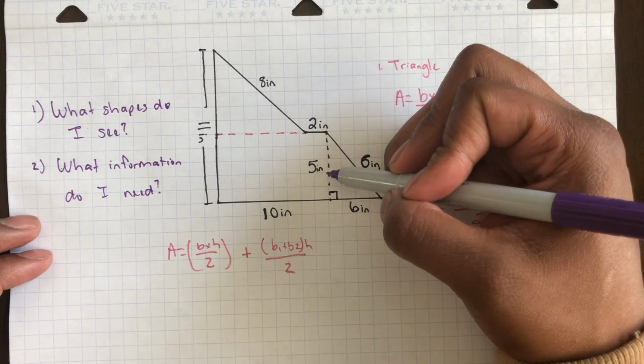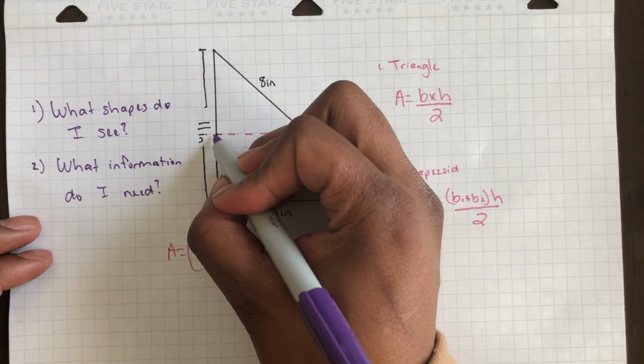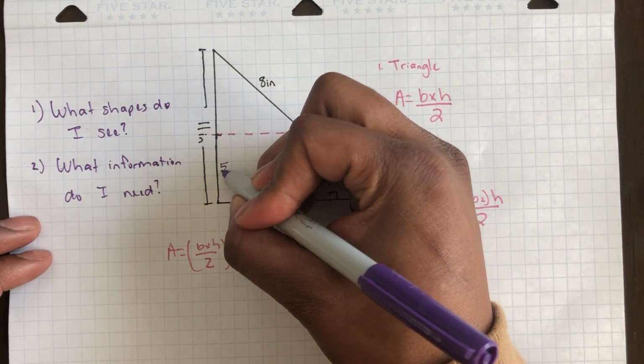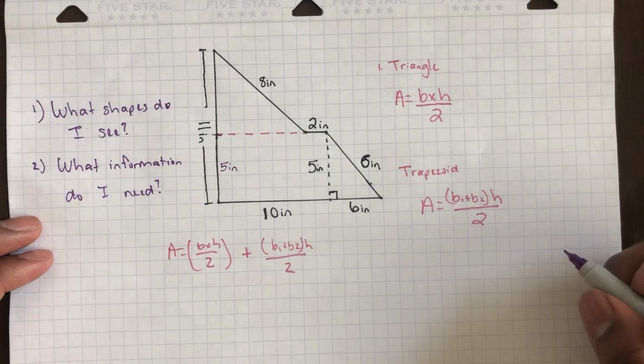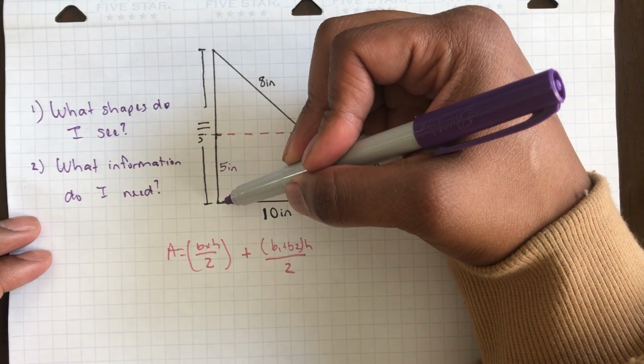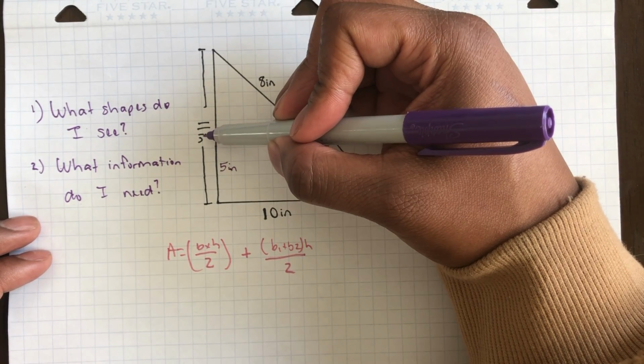This is the height right here, which means, if this is 5 inches, and all this together is 11 inches, then this side plus this side must equal 11.